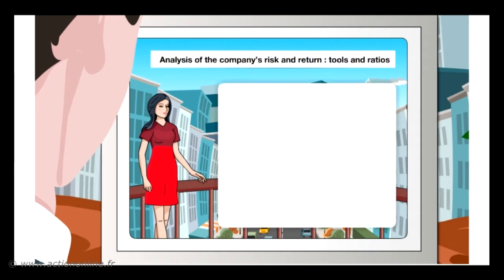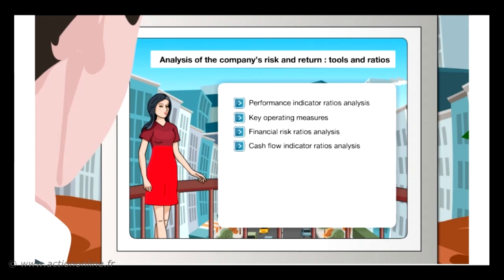This module is made of 4 chapters to introduce the risk and return analysis and the related ratios and measures: performance indicator ratios analysis, key operating measures, financial risk ratios analysis, and cash flow indicator ratios analysis.